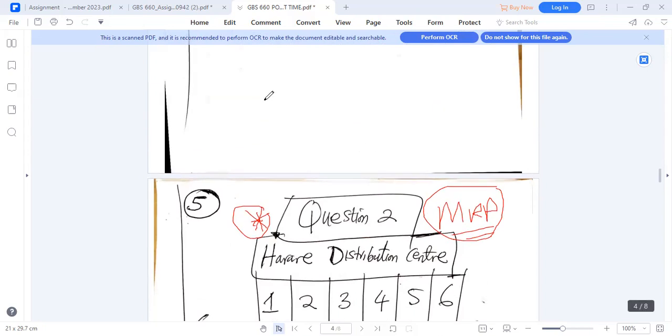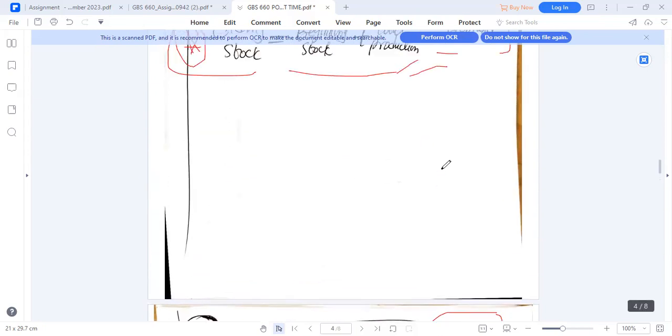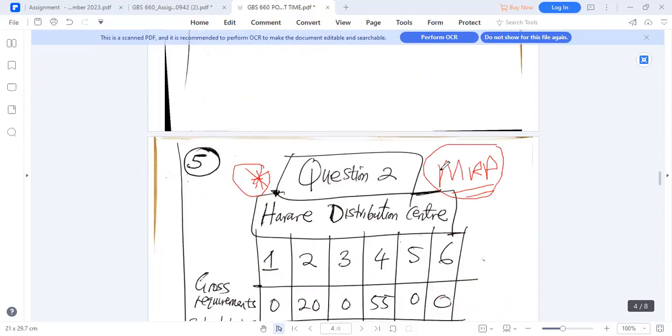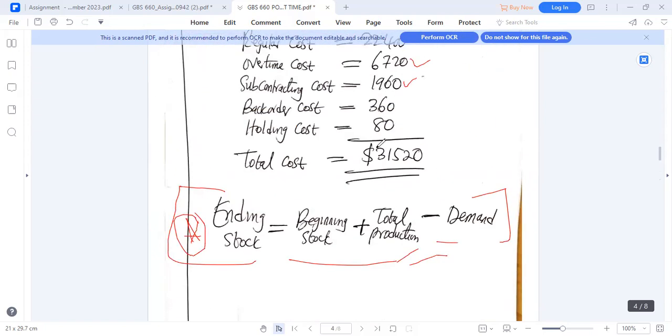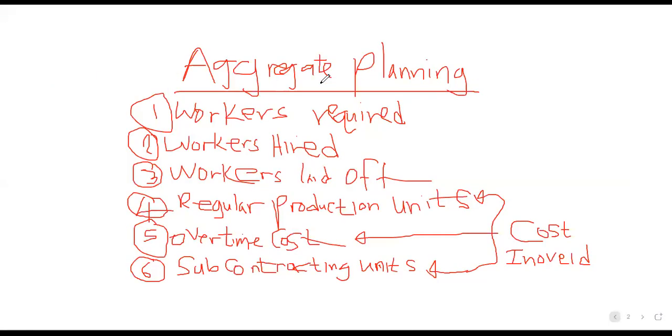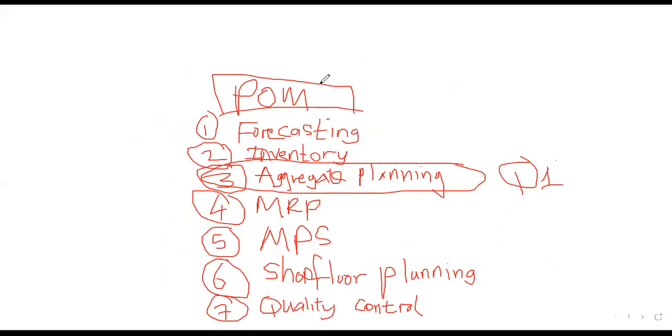Are people following? Yes, it is okay. I've just clarified, because I mentioned from the time we started that this course has a number of topics, so we shouldn't be going haphazardly. Question 1 was on aggregate planning, on how you hire, you fire, and all that.